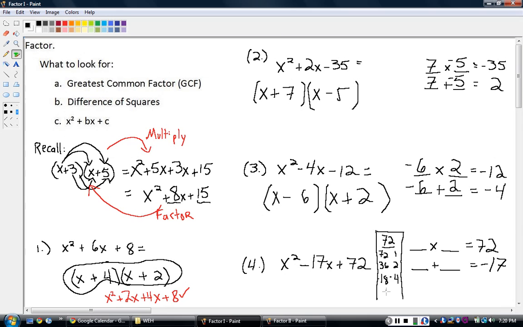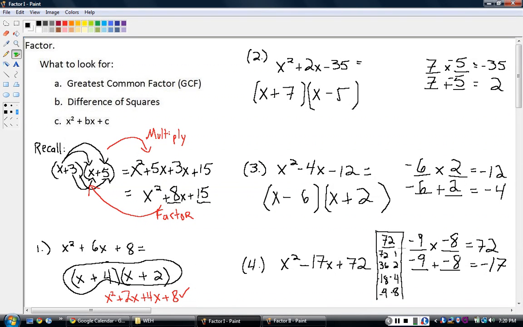So keep going, and there's another pair of numbers that gives you 72. 9 times 8. Right, so think about those. Negative 9 times negative 8 is positive 72. And if I add those two numbers, I get negative 17.